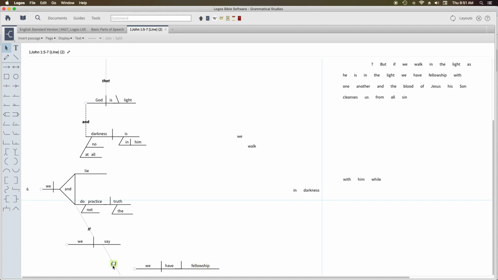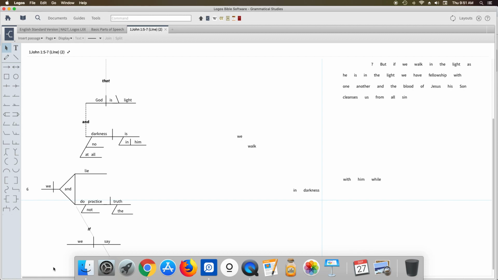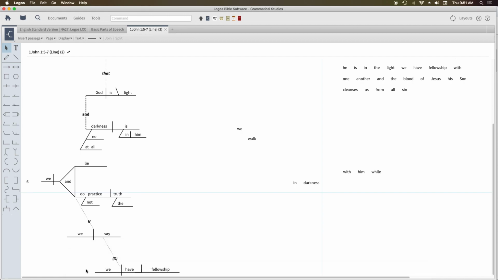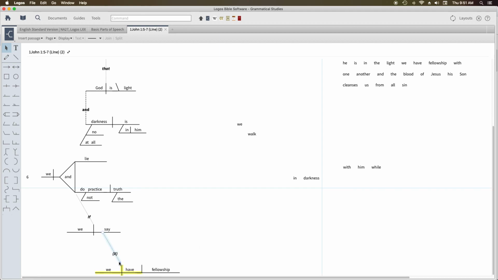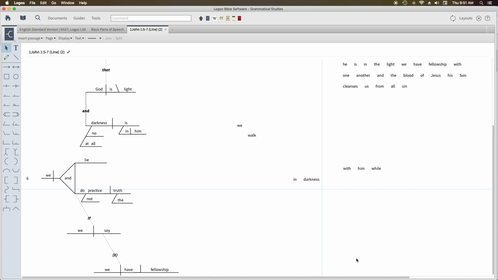So I'm going to take this "if" and drop it on the slanted line because it's showing the connection, a subordinate conjunction, connecting this clause. If I can ever get it right here. And you always want to connect right there where the verb starts. That's at least what I could get from going over my diagramming refresher.